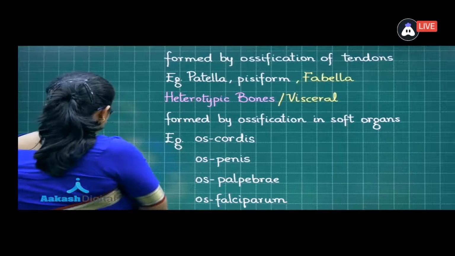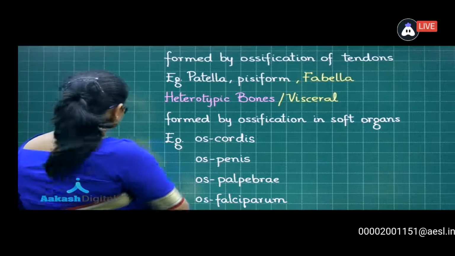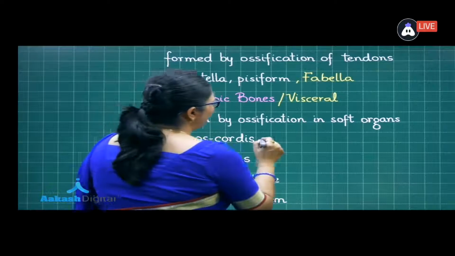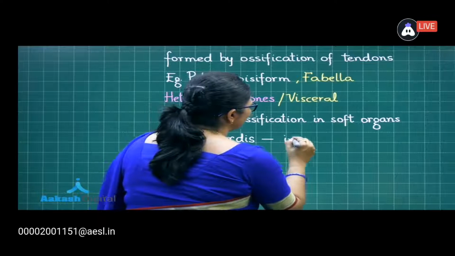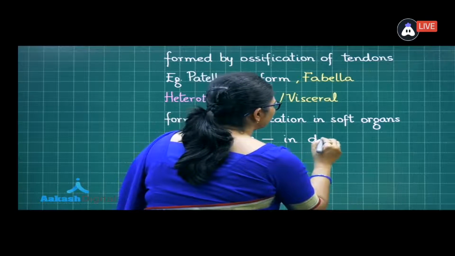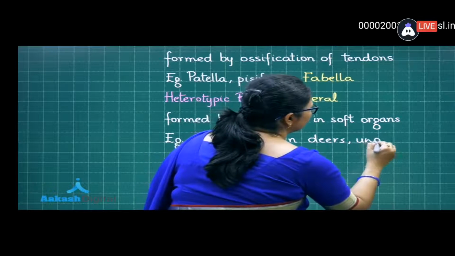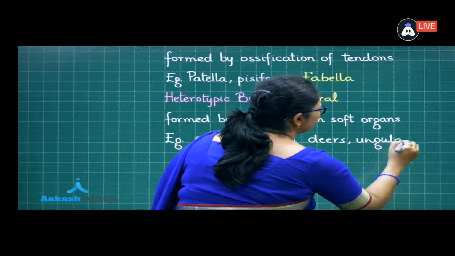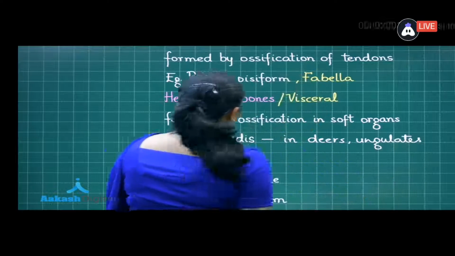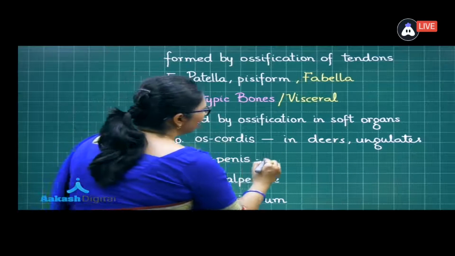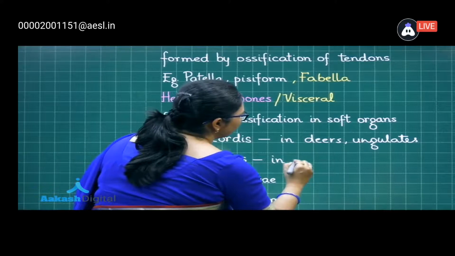So it is in the wall of the heart, and this is in deers and other ungulates. Os penis, that is in the penis, and this is in case of carnivores.